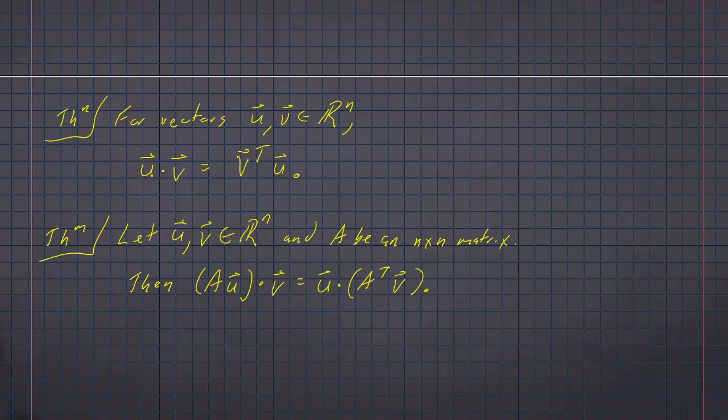And our claim here is that if we multiply matrix A times u and then dot with v, that's the same thing as taking u dot the product of A transpose times v.